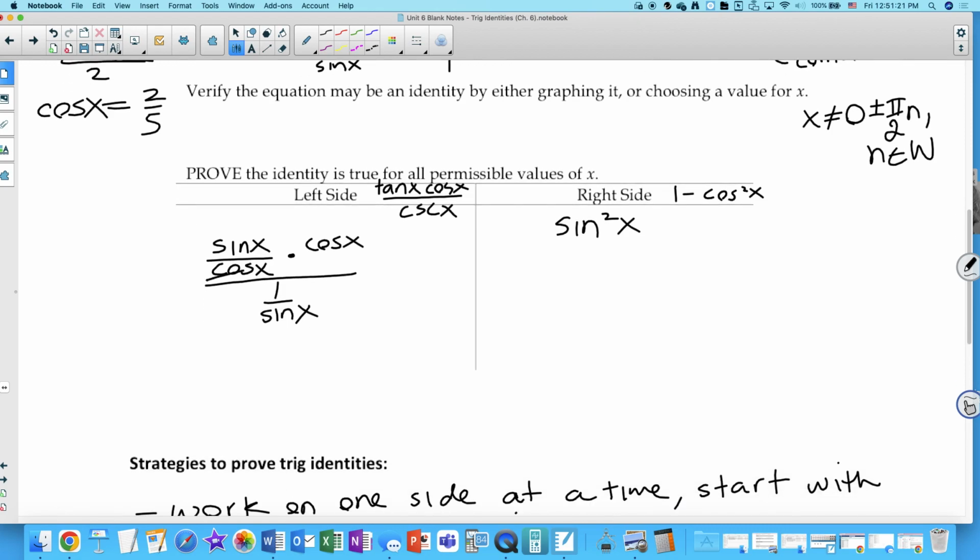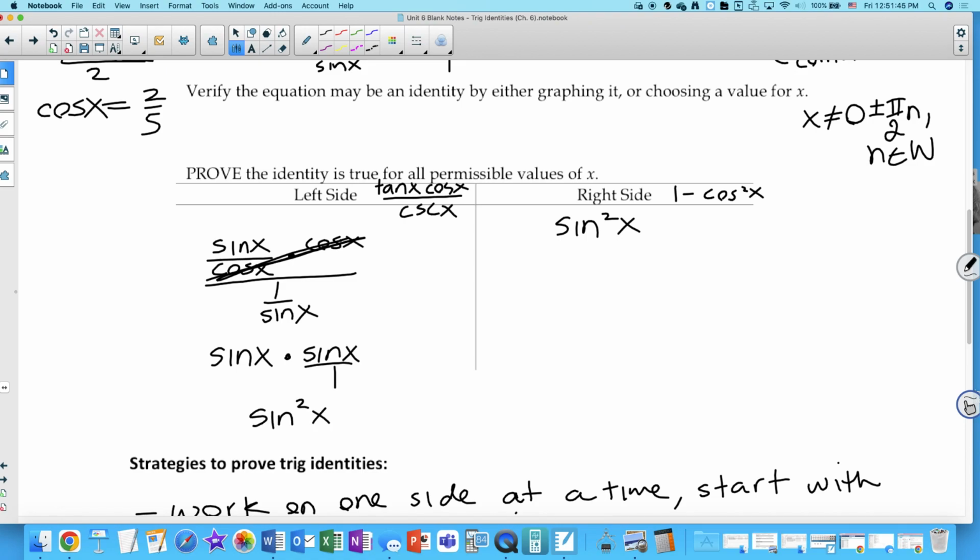So I'm left with sine x divided by 1 over sine x. So I'm taking a sine x, dividing it by a fraction. I can simplify that by taking that same sine x and multiplying by the reciprocal of the denominator. Sine x over 1, and that is sine squared x.